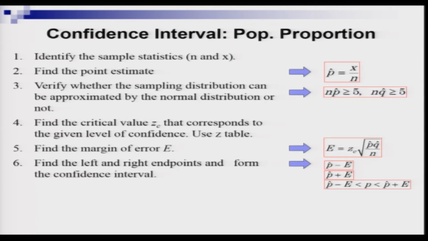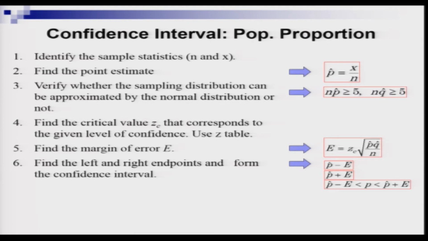And then finally we can actually get the margin of error, and that is the formula given in the red box, and that is capital E equal to the critical value ZC times square root of p hat q hat divided by n.